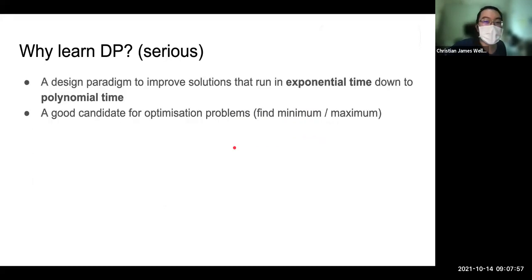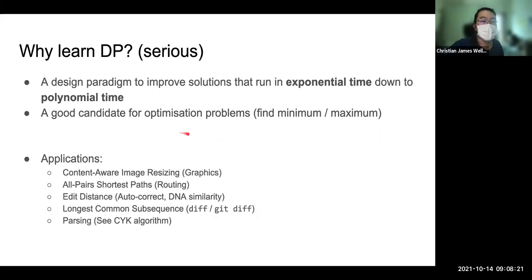Okay, but the serious answer is that DP is a design paradigm that can really improve solutions from exponential time to polynomial time. A simple example would be Fibonacci, but that's pretty trivial. It's also a good candidate for solving optimization problems where you are asked to find the minimum of these things or the maximum of that thing.